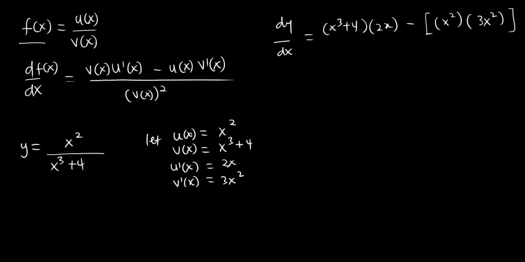Okay, so we have all this divided by v of x squared, right? So that would be x to the power 3 plus 4 squared.